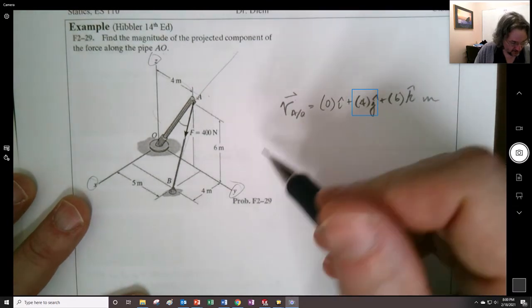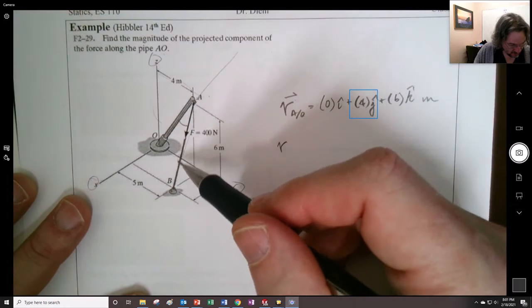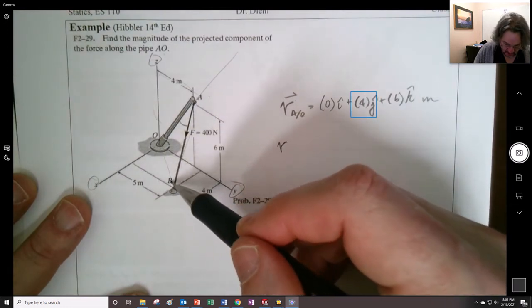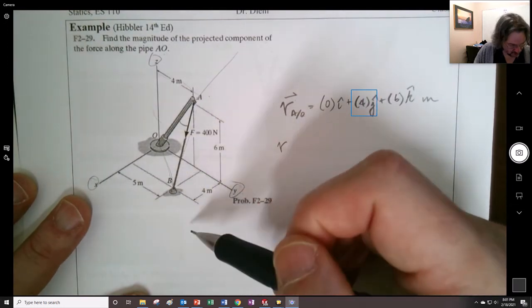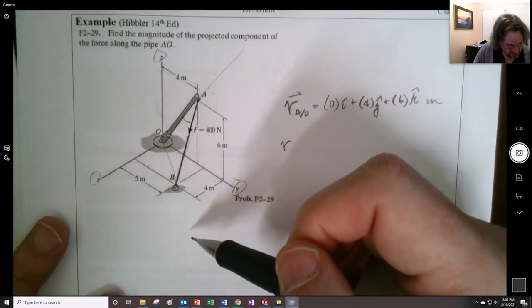Now we might also want the position vector of B with respect to O. Am I going to use that for anything? Yeah, I guess I do.